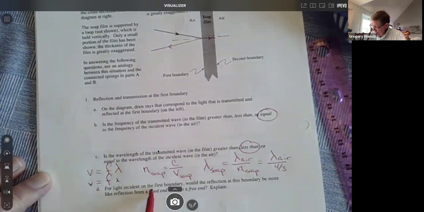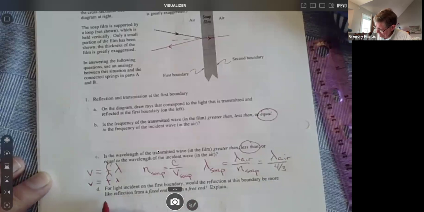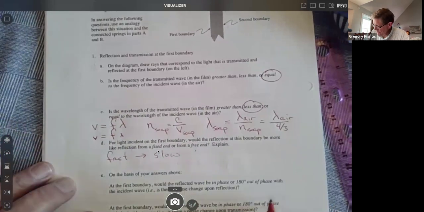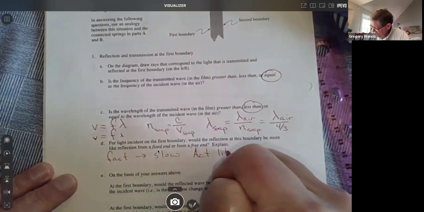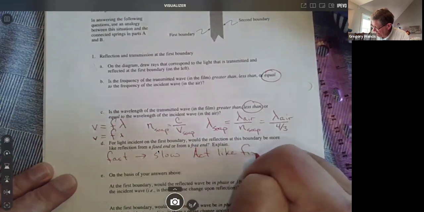For light incident on the first boundary, would the reflection at this boundary be more like the reflection from a fixed end or a free end? We are going from fast to slow. So this will act like a fixed end.